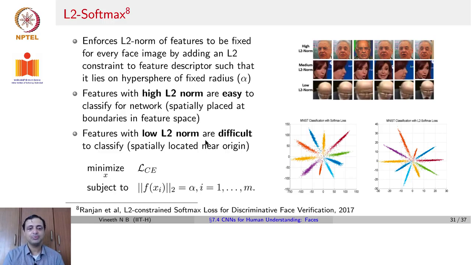a bit more easily. So in this case, the optimization turns out to be you minimize cross entropy loss such that the representations that you get before you apply a softmax ensures that f of xi is equal to a predefined alpha.